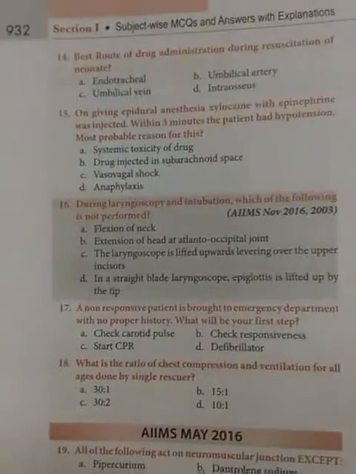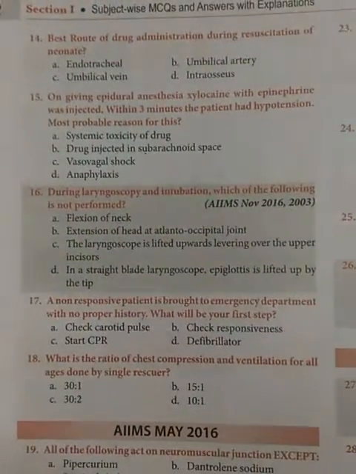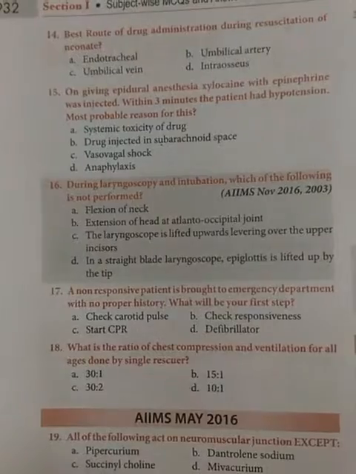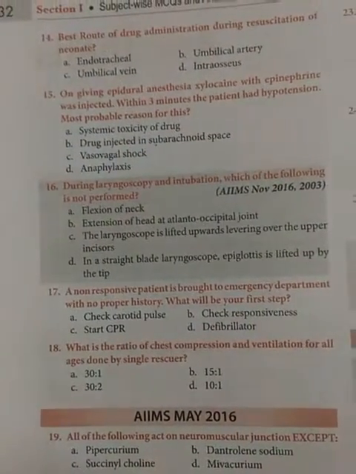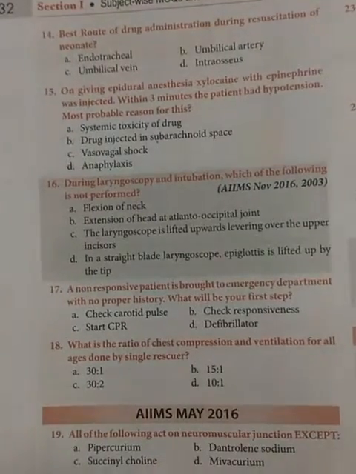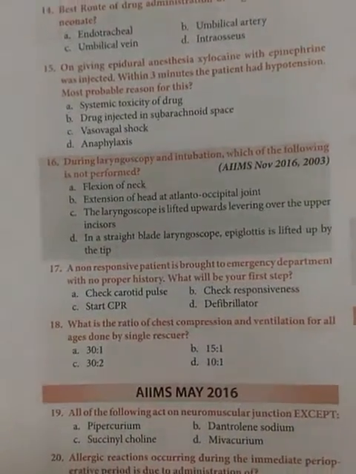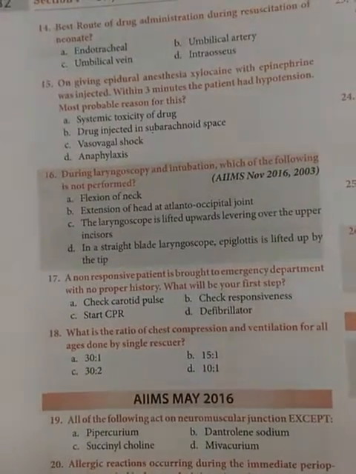The next question is the best route of administration during resuscitation of the neonate. Obviously it's the umbilical vein. Then on giving epidural anesthesia, xylocaine and epinephrine was injected. Within 3 minutes the patient had hypotension, and it's because the drug was given in the subarachnoid space. Next, during laryngoscopy and intubation, which of the following is not performed?